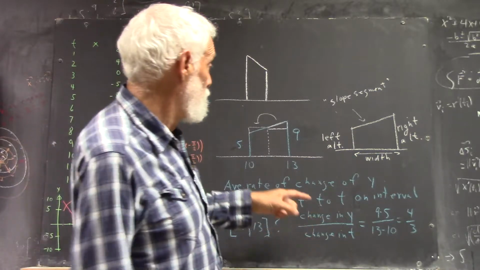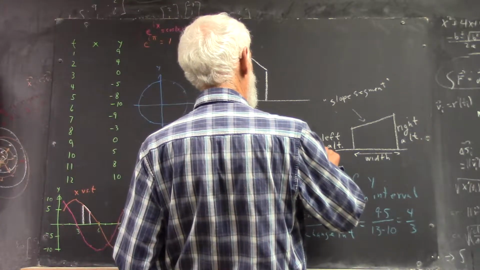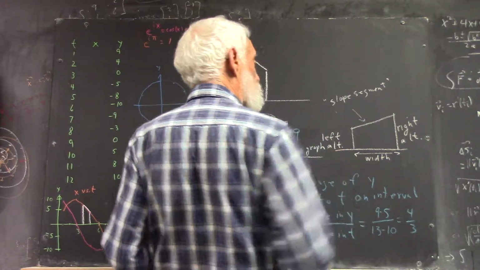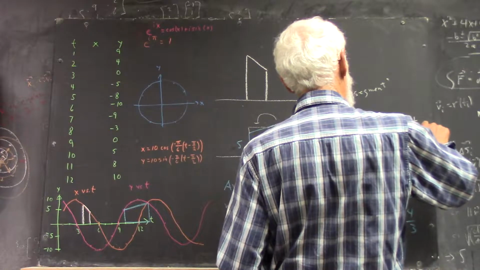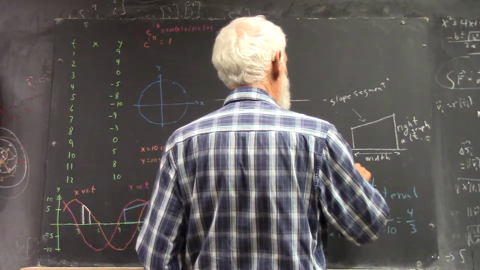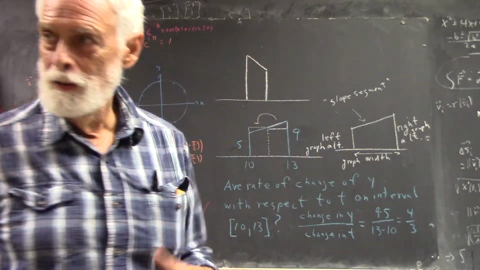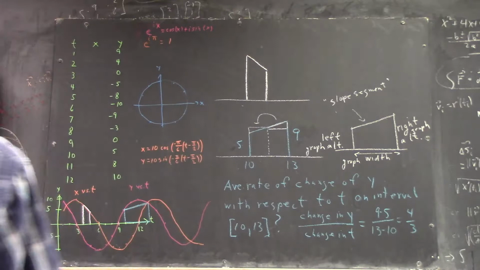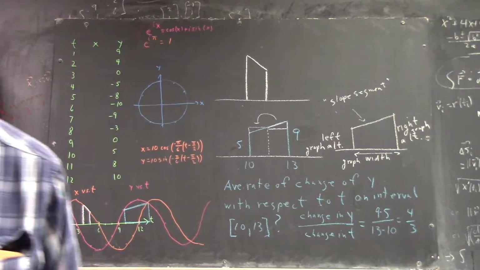So I'm going to call these left graph altitude and right graph altitude, and the graph width, to distinguish it from the geometry altitudes and geometry widths, okay?